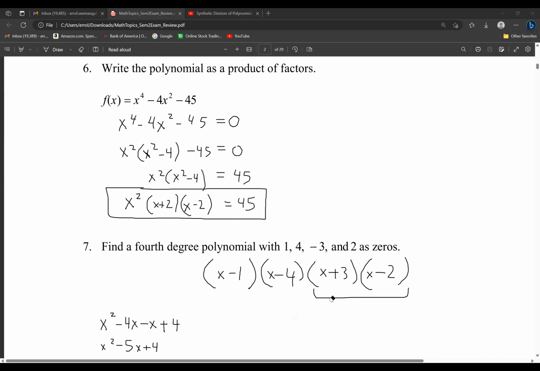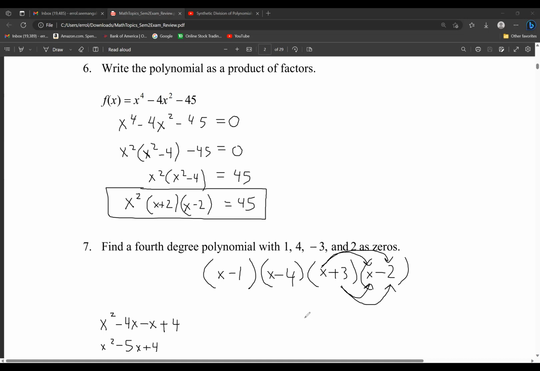Now do the same thing on the second two. This one times this one first, this one times this one second, third, fourth. What do we have?